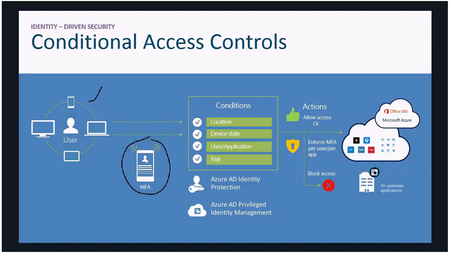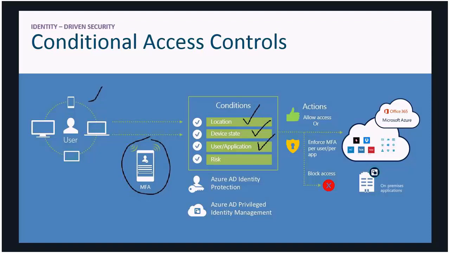There are certain applications and users that I'd like to use MFA. Or I'd only like to do this for non-domain joined machines. Or I'd like to do it for my iPads and Androids. Or I'd like to do it for machines that are not on my network today. Right? And you can define the locations that define your network, even if they're LAN and WAN situations, or even VPN.